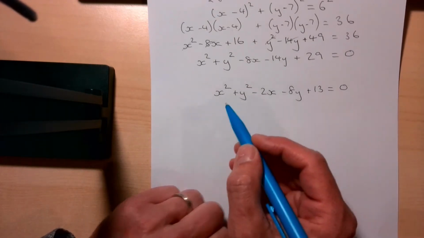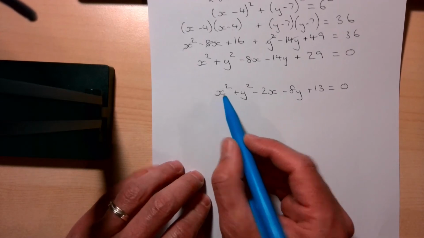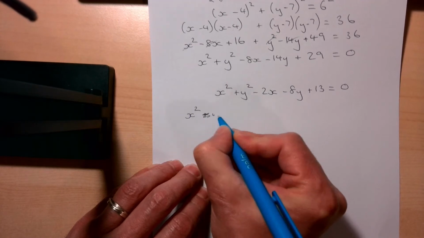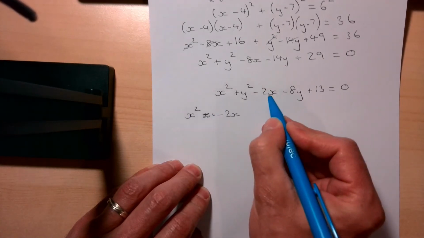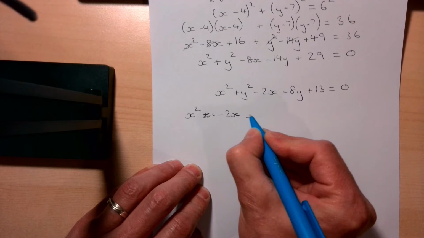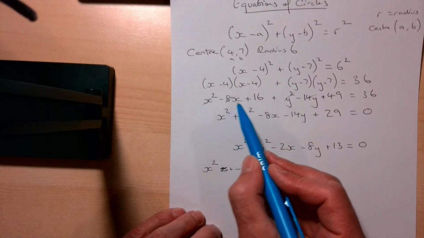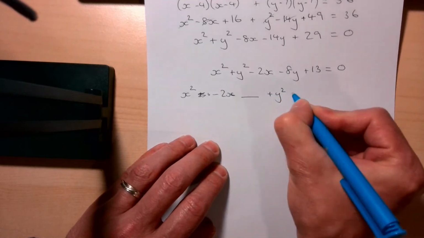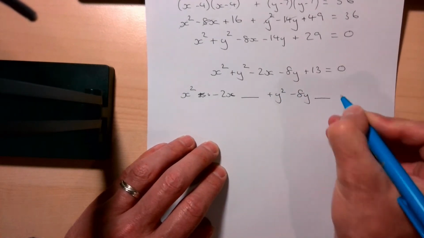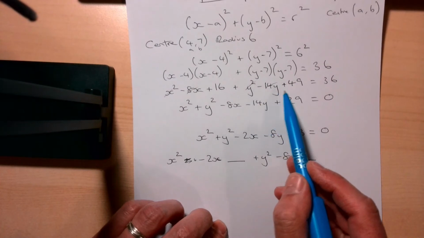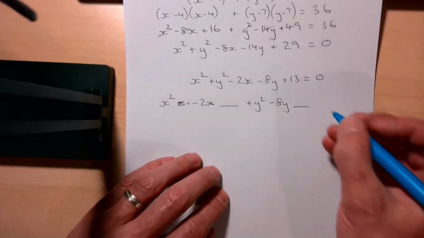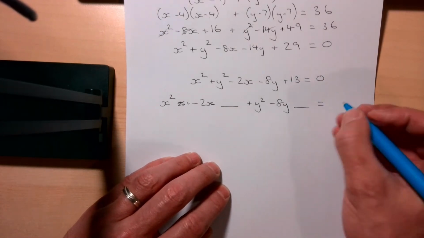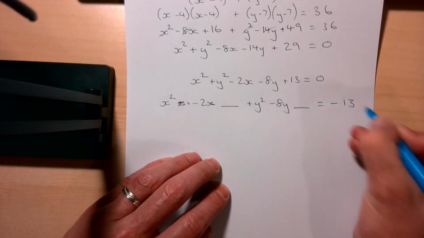Split the x's and y's up apart first of all, so x squared minus 2x, then we'll have a constant, just like we did there, then y squared minus 8y, and then we'll have another constant like we had there, and that's going to be equal to, well, this 13 I'll take over here because that's going to be part of our radius number, so that becomes minus 13.